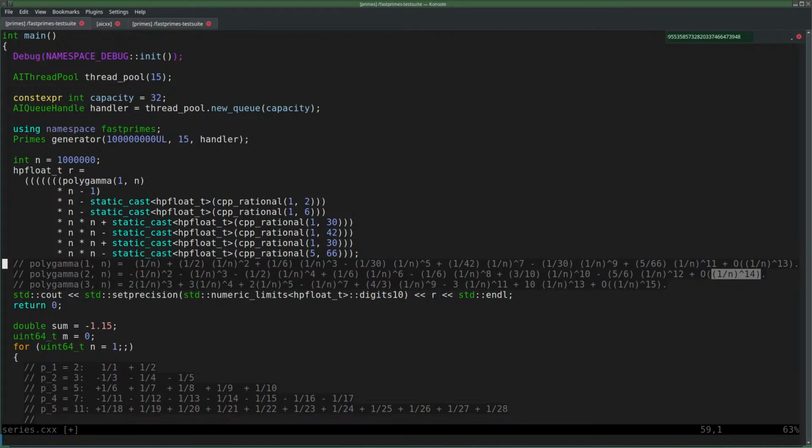So I have a slow polygamma now for m is 1. Do I also have this one or not? No, I don't. So I need a slow polygamma for polygamma 2.